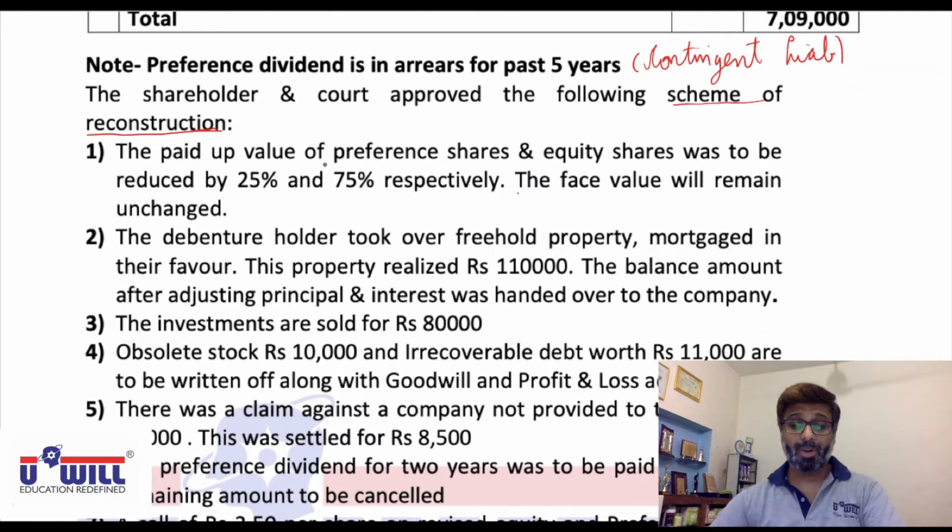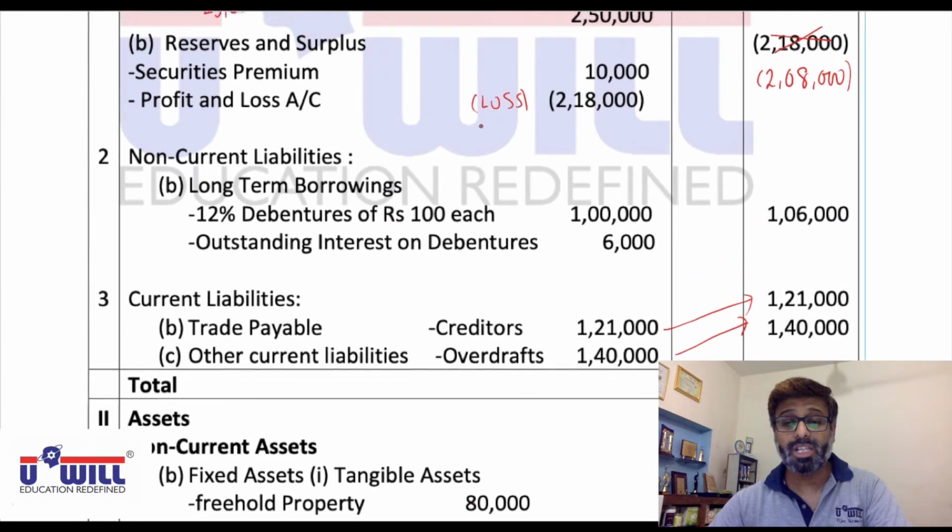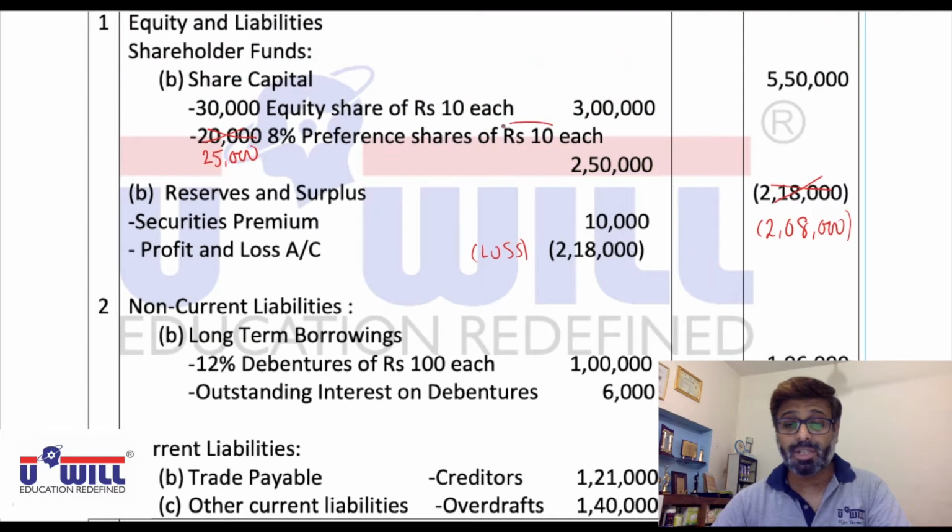The paid up value of preference shares and equity shares was to be reduced by 25% and 75% respectively. Preference shares is to be reduced by 25% and equity shares by 75%. For both preference shares and equity shares the face value is 10.